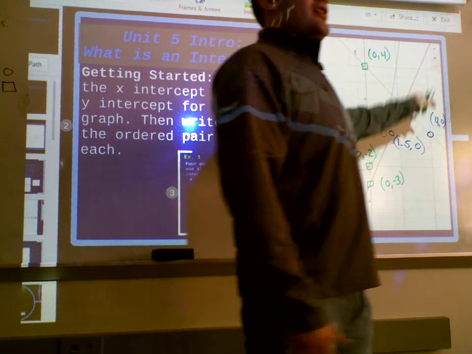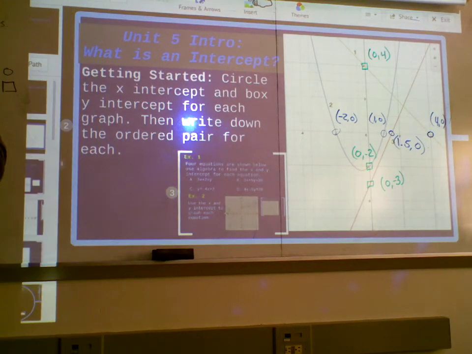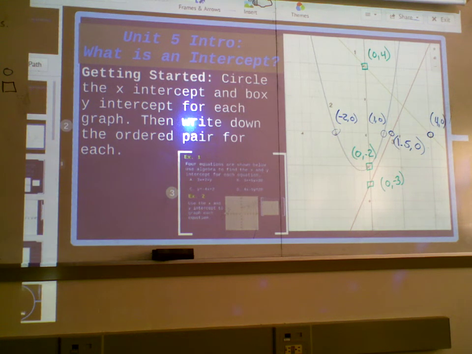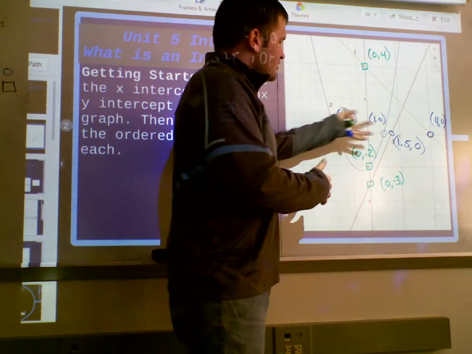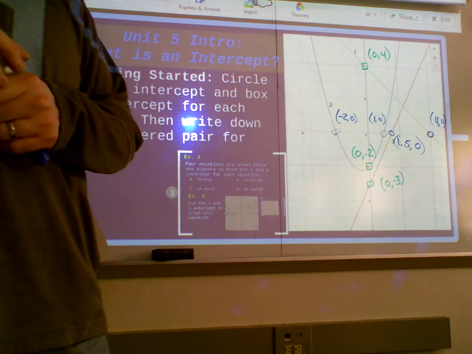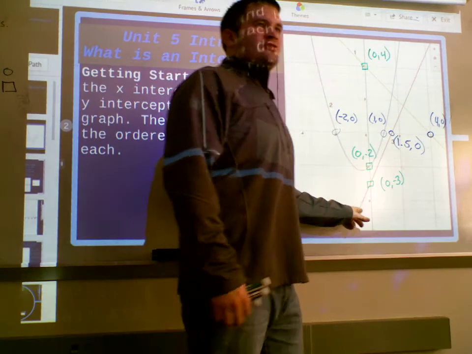It's x squared, 2 x-intercepts. If I have x cubed, x to the third, how many x-intercepts do you think I'll have? 3. x to the fourth, how many? 4. It increases that way. Math is kind of nice that way sometimes, right? So x-intercepts, you can have as many as you have powers. Y-intercepts, you can only have 1. Okay. Now, is it possible to have a line that doesn't have an x-intercept?